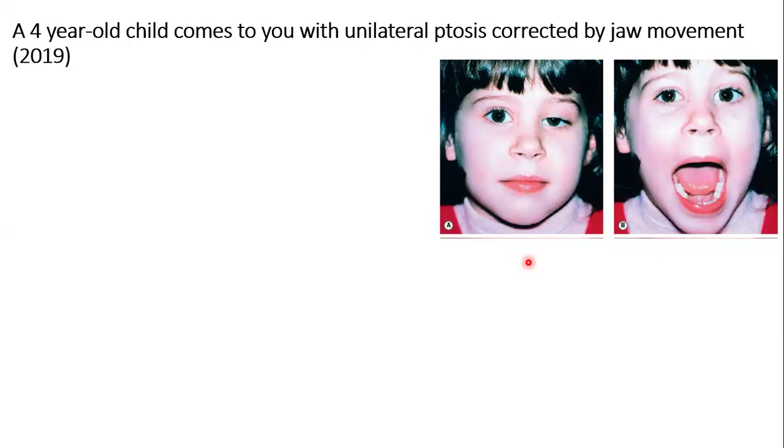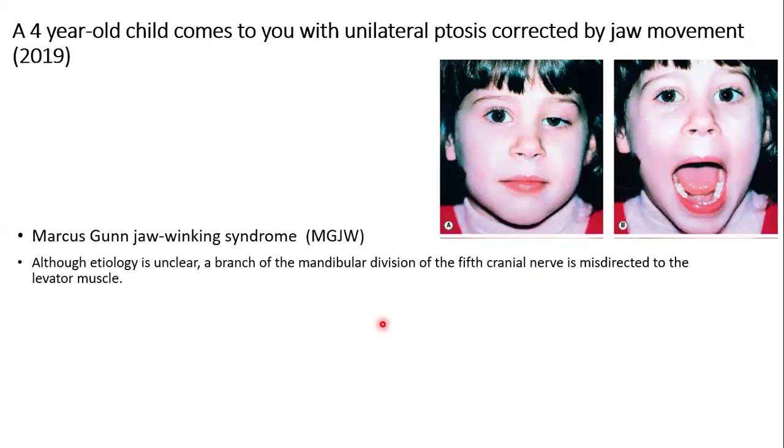There is a synkinetic innervation with the internal pterygoid muscle. Okay, yes, great. So that is Marcus Gunn jaw winking syndrome. And etiology is unclear, but one of the postulations is that a branch of the mandibular division of the fifth cranial nerve is misdirected to the levator muscle.